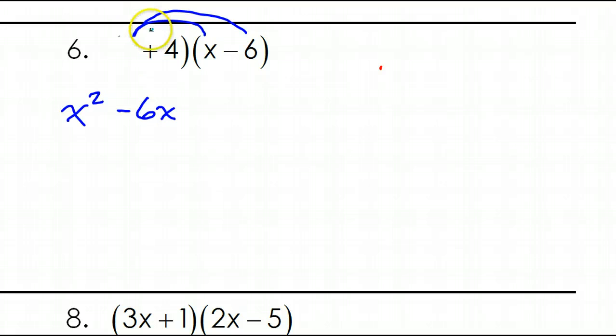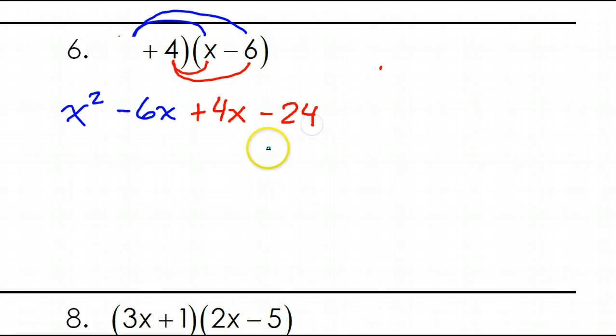Okay, so this is a positive 4, so now it's time to distribute the positive 4. So 4 times x is positive 4x. I guess I'll just put it on the same level for now. And then 4 times negative 6 is negative 24.